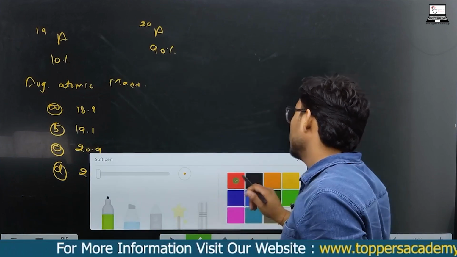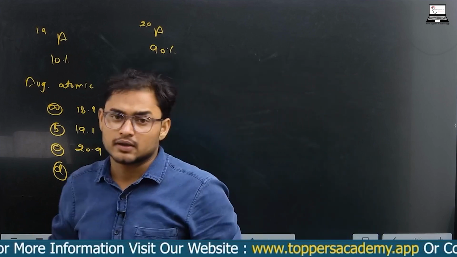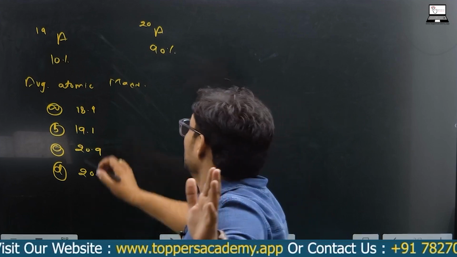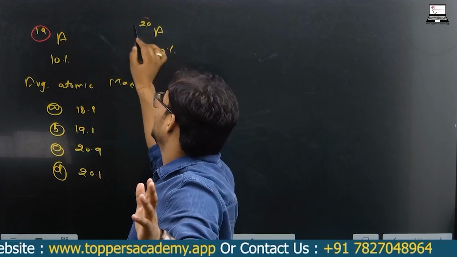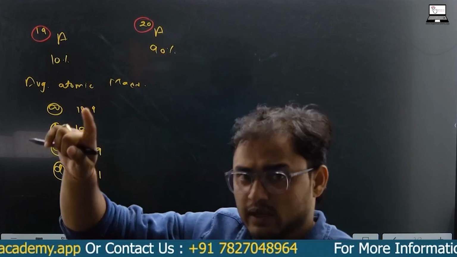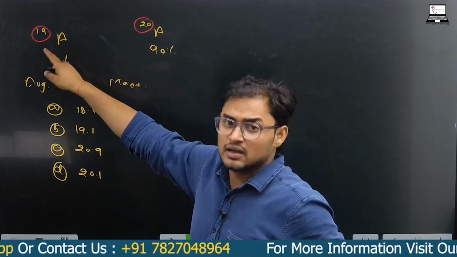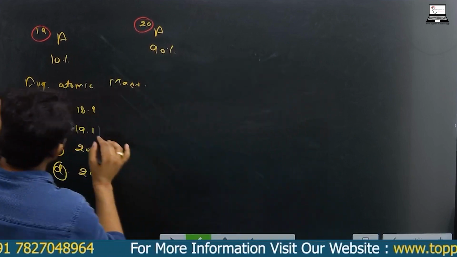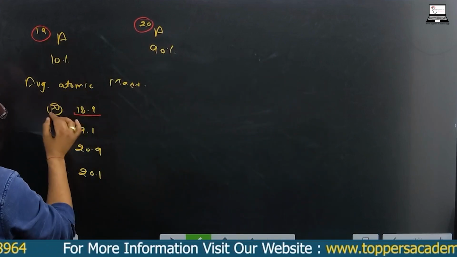We are not going to use a formula here, right? So listen, what is the trick? The average atomic mass will be in between 19 and 20. It cannot be less than 19, it cannot be higher than 20. So my dear students, you can see that 18.9 is less than 19, it is a wrong option.